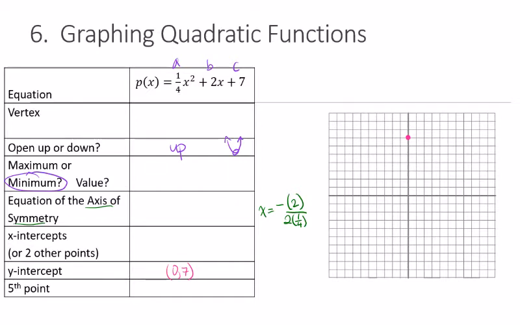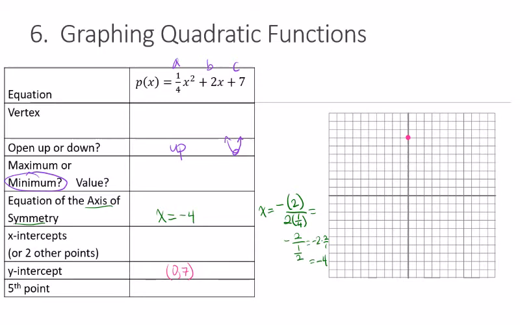I'll keep it as a fraction. And so we're going to end up with negative 2, and 2 times a fourth is 1/2. So we'll end up with negative 2 divided by a half, which is the same as negative 2 times the reciprocal of a half, which is 2 over 1, right? So we'll get negative 4. So remember, anytime you divide by half is the same as doubling it, right? Multiplying by 2. And so our line of symmetry or axis of symmetry is x equals negative 4.